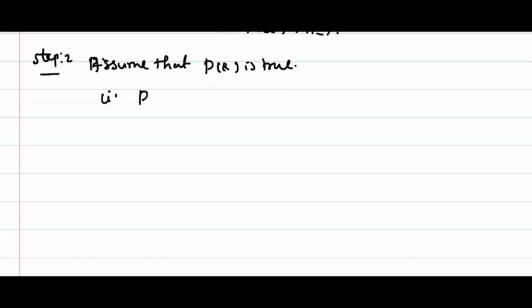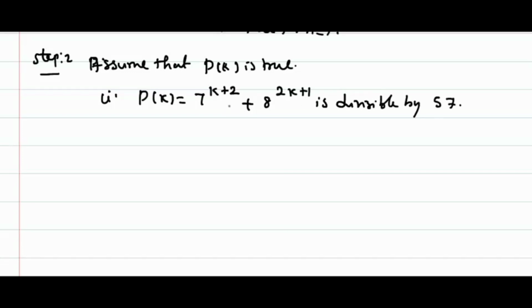P of k can be written as 7 power k plus 2 plus 8 power 2k plus 1, divisible by 57. We only assume P of k is true. So I'm going to consider 7 power k plus 2 plus 8 power 2k plus 1 equal to 57d.